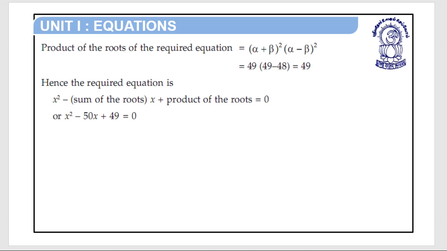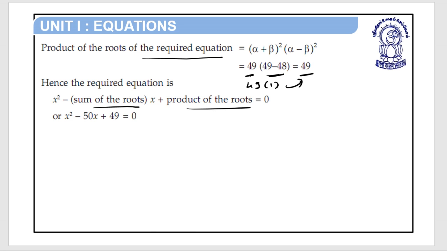The product of the roots of the required equation is (alpha plus beta) square into (alpha minus beta) whole square. So 49 into 1, because 49 minus 48 is 1, so it is equal to 49. Hence the required equation is x square minus (sum of the roots) into x plus (product of the roots) is equal to 0.